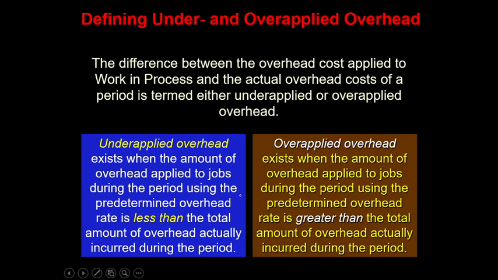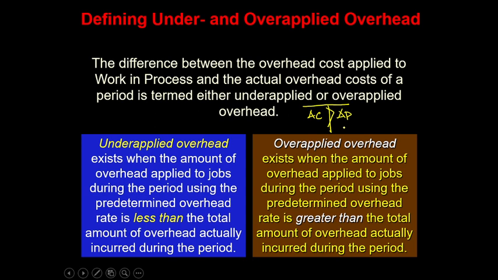So, you try to imagine your T accounts. Assuming this is our T account for manufacturing overhead. You have here your actual, and then you have here your applied. So, if the total of your actual is greater than the applied, that's underapplied. If it's the opposite, mas malaki yung applied, it's overapplied. So, merong difference.